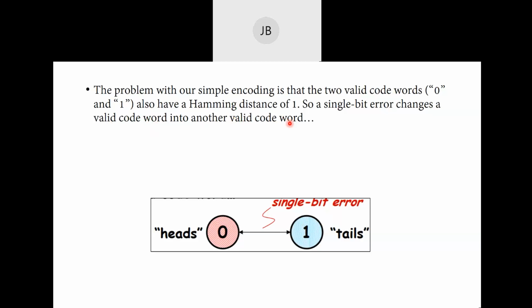This is a big problem. So when we have just 1 bit, that can be 0 or 1, you send it. Maybe you sent a 0 and at the receiver, that becomes 1. The Hamming distance is 1. So even though that is an error, the receiver cannot detect it. Or you send a 1 and at the receiver that is received as 0.